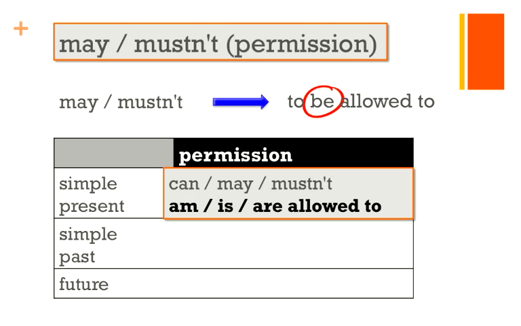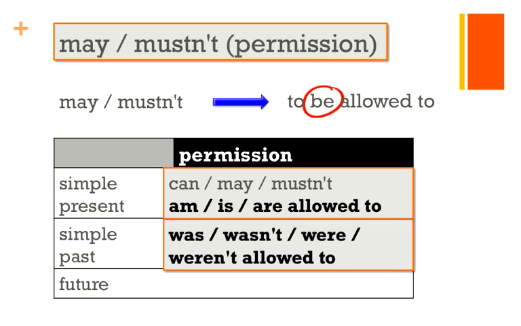They may go to the party, they are allowed to go to the party. And of course the negative forms: I'm not allowed to, he isn't allowed to, and they aren't allowed to. But for the present tense, this is easy. You can also use may and mustn't. You do not have to use to be allowed to.